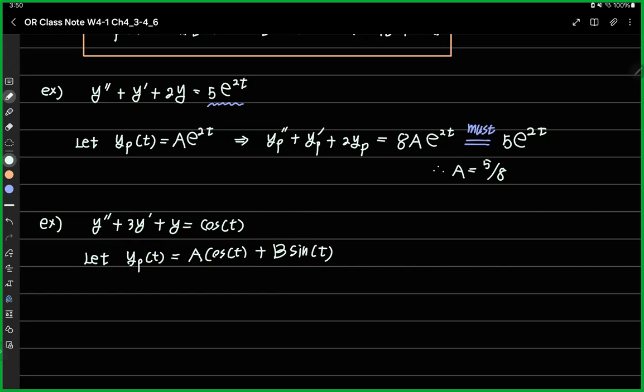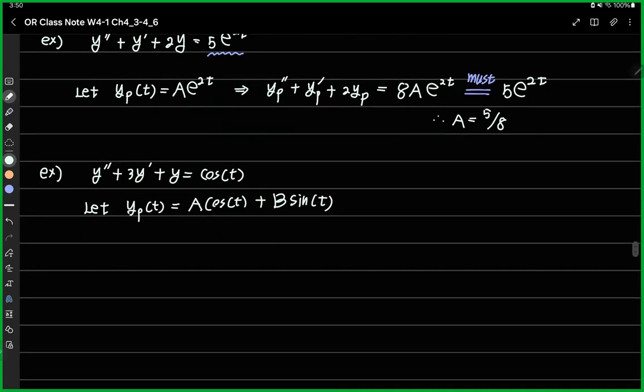Let me look at the solution. In this case, y_p double prime plus 3 times y_p prime plus y_p is equal to, right here, (A plus 3B minus A...) times cosine t plus (B minus 3A) times sine t.